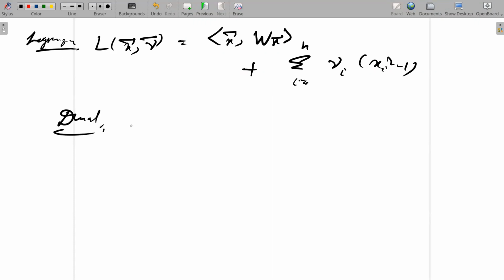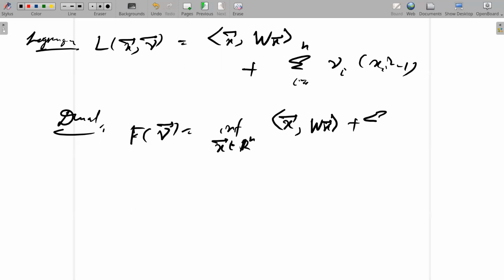Now what about the dual? So that's f of nu. So you have to take the infimum over all of Rn of x dot Wx plus summation i equals 1 to n nu_i (xi squared minus 1).